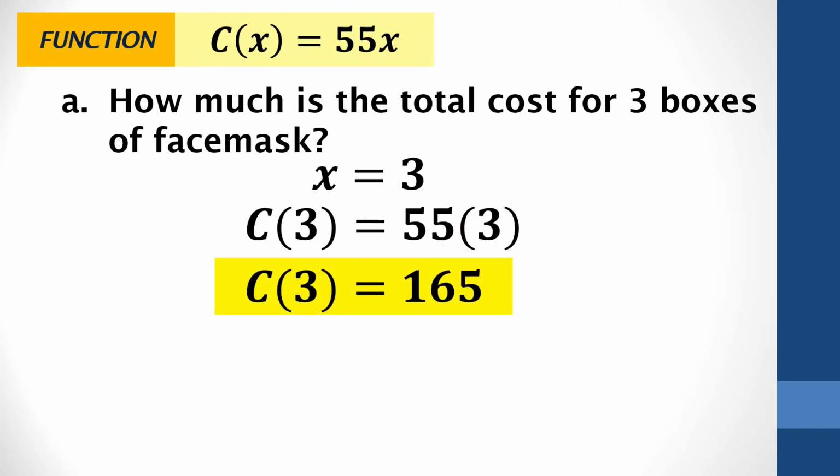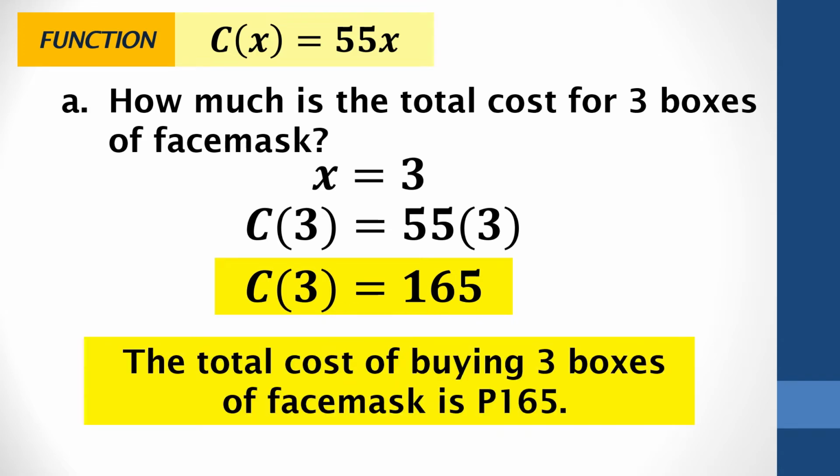Therefore, our answer now is C of 3 is equal to 165. The total cost of buying 3 boxes of face mask is 165 pesos. So ngayon, alam na natin na kapag bumili tayo ng 3 boxes of face mask, ang babayaran natin ay 165. It is because of this function here.